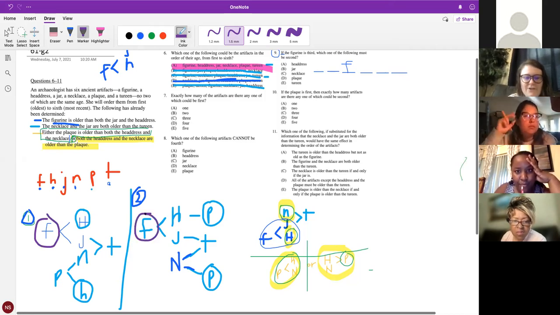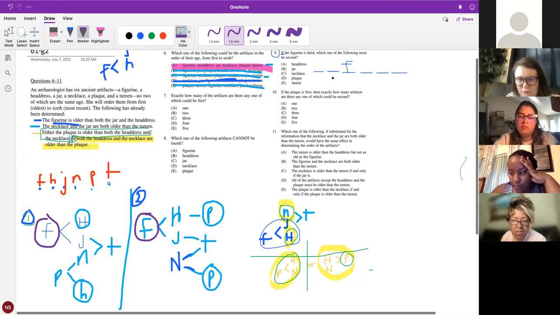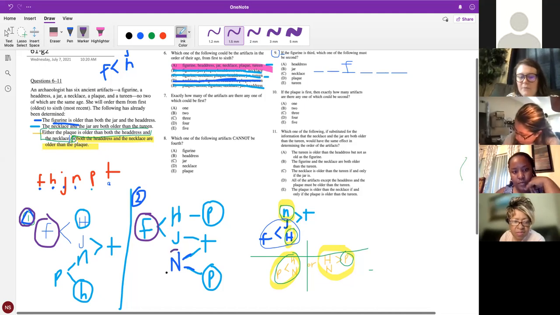There have to be 2 before it, and which scenario allows for things before it? We're looking at world 1, right? We can't be in world 2 because in world 2, N can be before it, but nothing else can be before H or F.